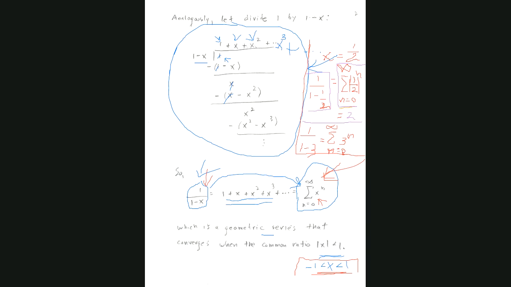So is 1 over 1 minus 3 equal to the series where n goes from 0 to infinity of 3 to the nth power?